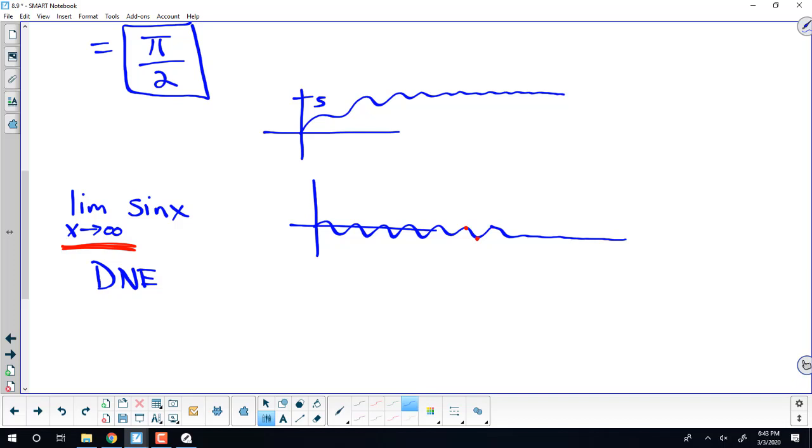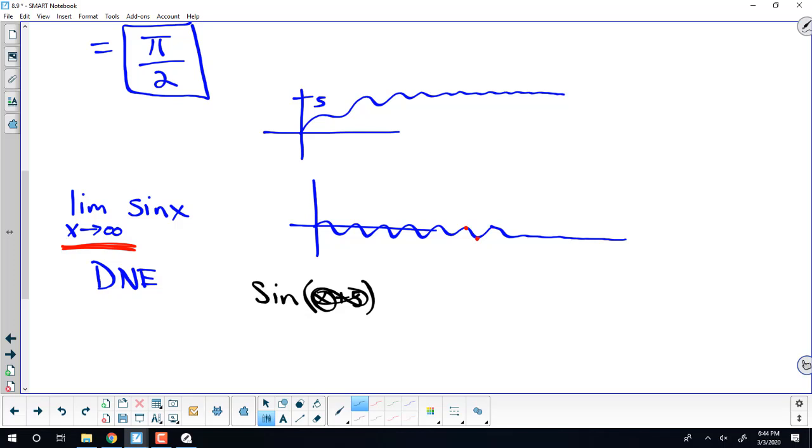If sine x was raised by 5, would the limit be infinity? What do you mean, sine to the 5th? No, sine x plus 5, which would raise the entire function. It still doesn't exist, because as x approaches infinity, you're asking what's the sine of something that's infinite, and it doesn't flatten out.